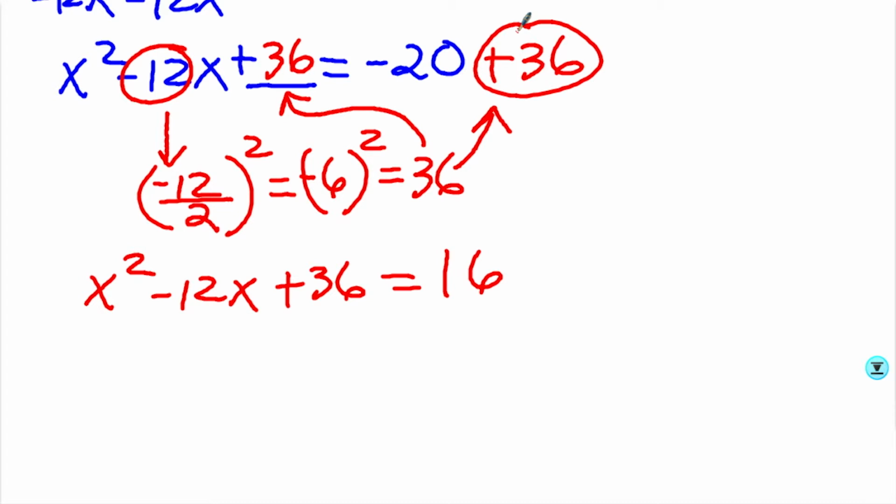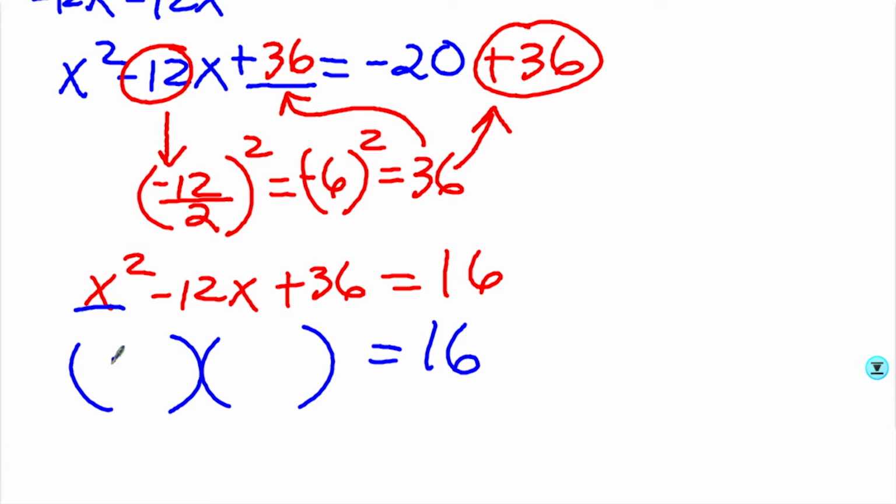Now, we're going to focus back on this side that we completed the square on, and we want to factor this into two binomials. So the factors of x squared are going to be x, and we look at 36, positive 36, and we have a negative 12.